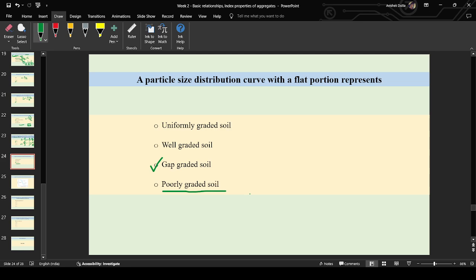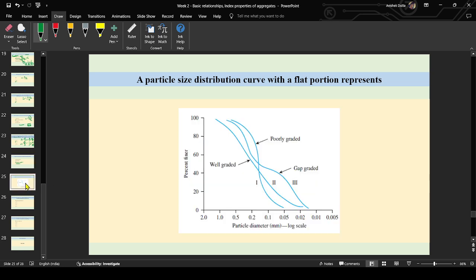But the thing is, apart from giving any solution, I was trying to focus on the specific name, because in some questions generally I get three options and then I write none of these options. But I know that this is also a category of poorly graded soil, but in some scenarios we use the term poorly graded soil only for uniformly graded soil.